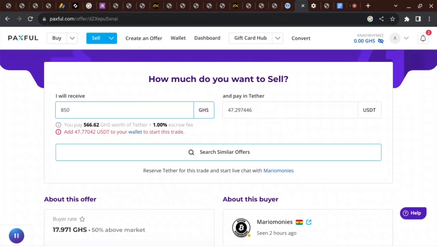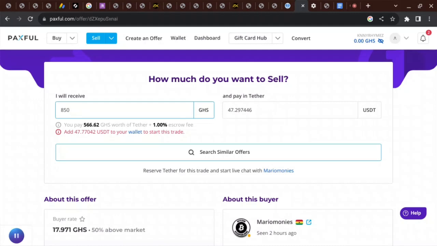And remember, I spent 574, so 850 minus 574 means that I've made 276 Ghana cedis as profit.